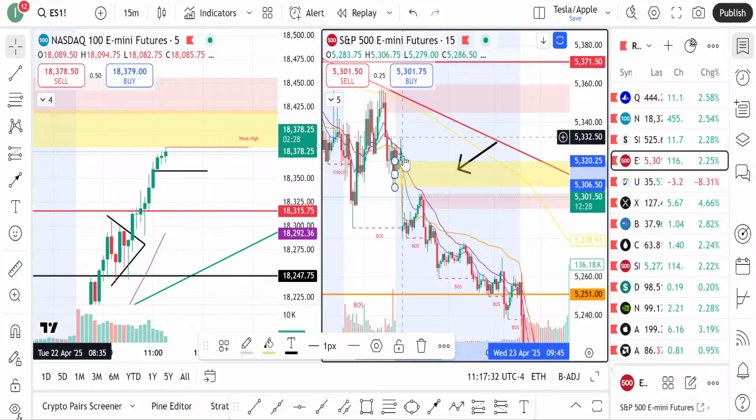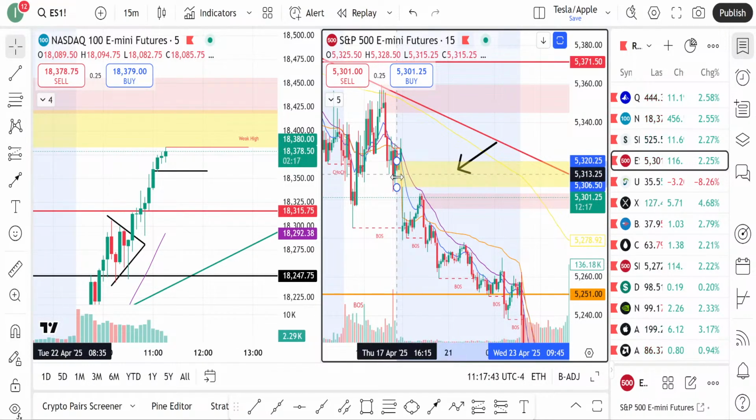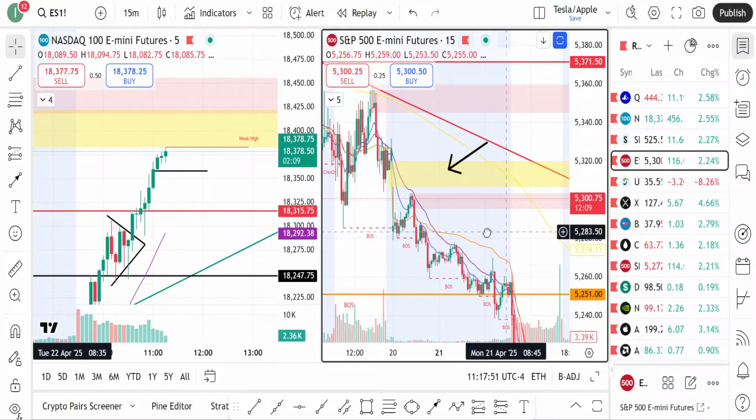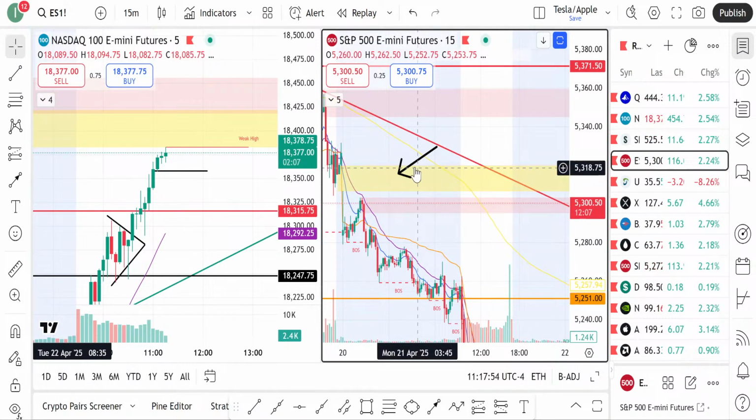This day price closed here and then opened down here, pushed up but didn't fill the gap completely. So it's an inefficiency in the chart where price will return to and fill in the future. So that's what you're seeing here. These zones, that's what they are.